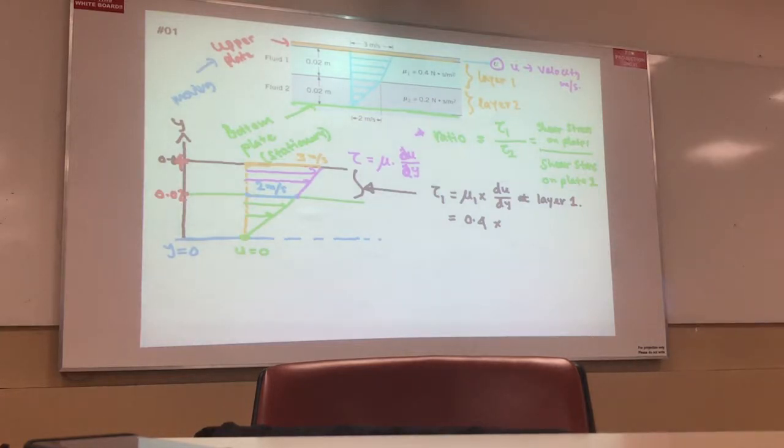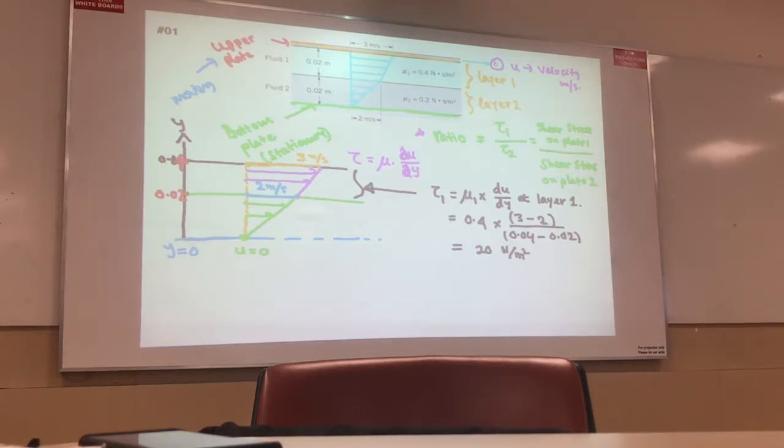Then you can see, I can write du by dy at layer 1 as 3 minus 2 divided by 0.04 minus 0.02. I can write it, no problem. Then I can find 20 Newton per meter square.